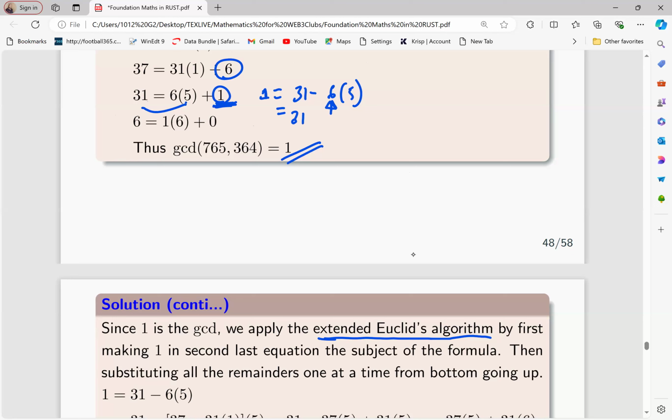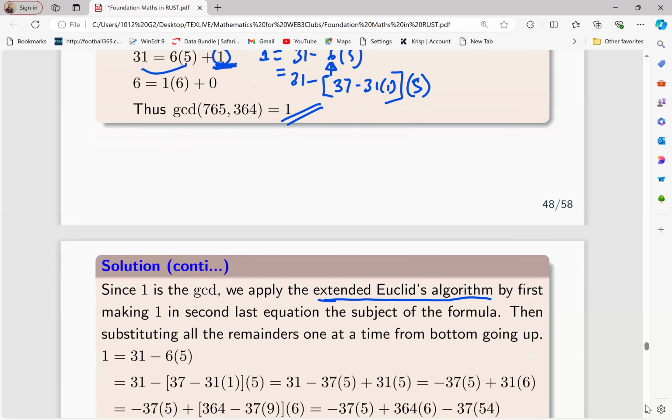So this is the same as 1 minus, instead of this 6, the equivalent of 6, which is 7 minus 1 multiplied by 1. Then remember this 5. And so on. The step that you're seeing is just this: 1 minus (7 minus 1 multiplied by 1) times 5.